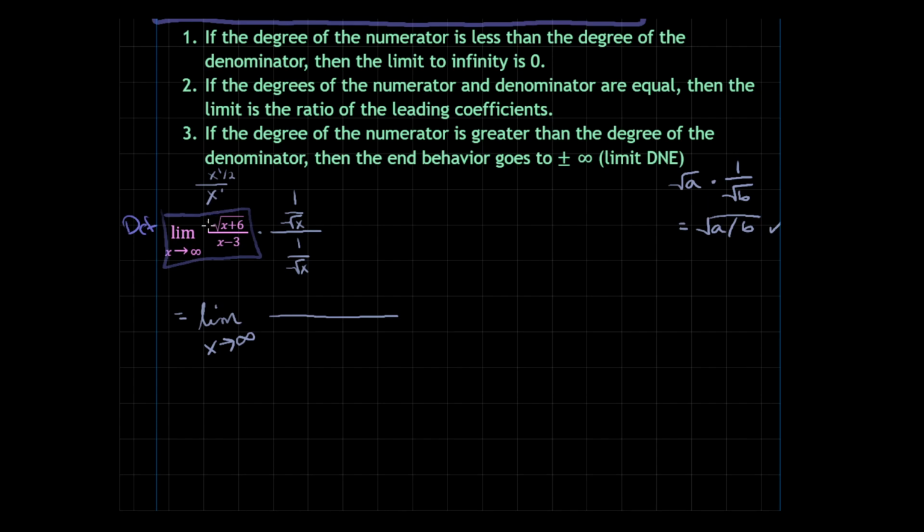So square root of x plus 6 divided by square root of x is going to be a big square root here. x divided by x is 1 plus 6 over square root of x.